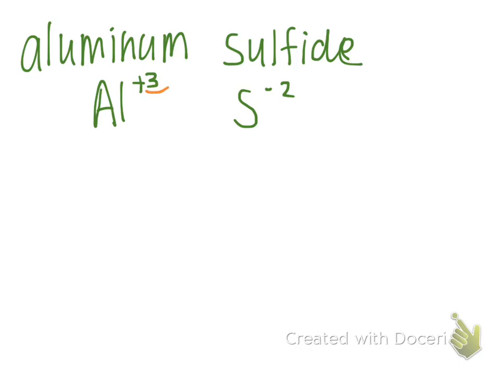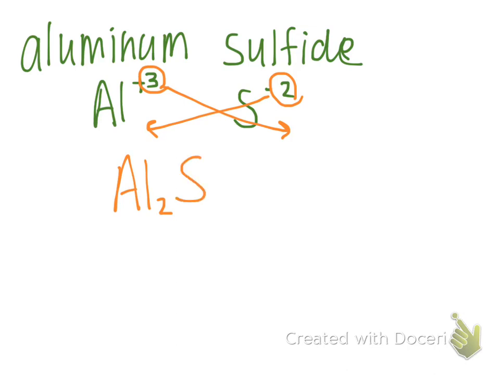Alright, so we're going to take our 3 and cross it down here. We're going to take our 2, cross it down here. And we end up with a chemical formula of Al2S3.